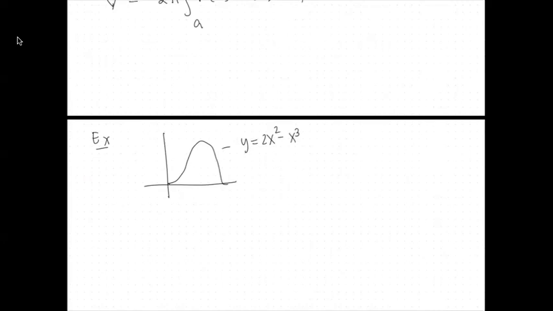So we want to revolve this about the y-axis. This is your region bounded by y is equal to 2x squared minus x raised to 3, the y-axis, and the x-axis.